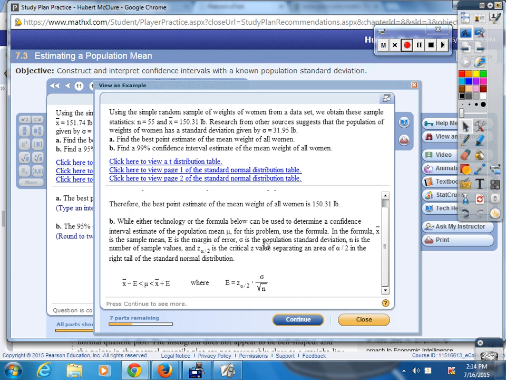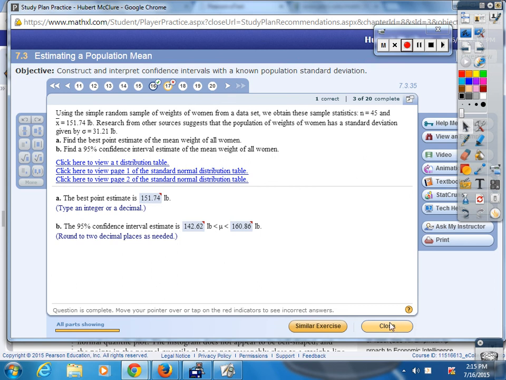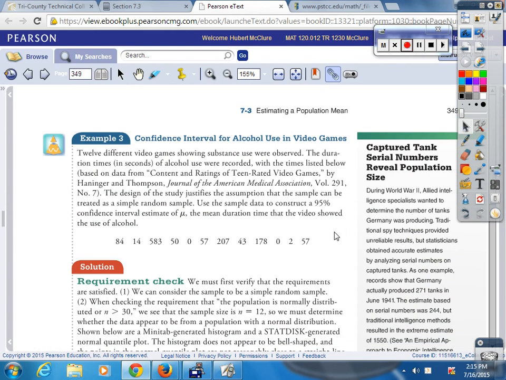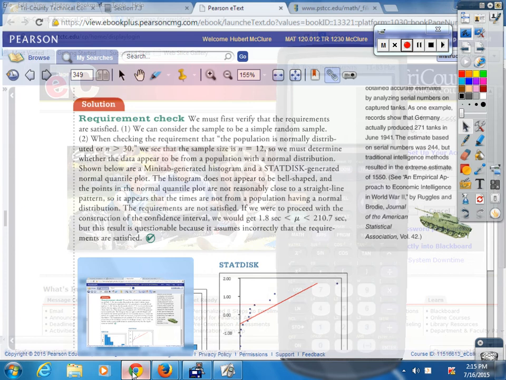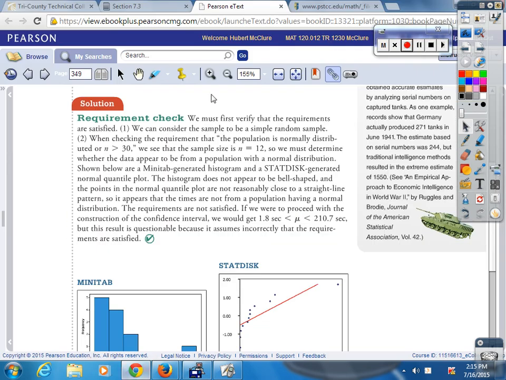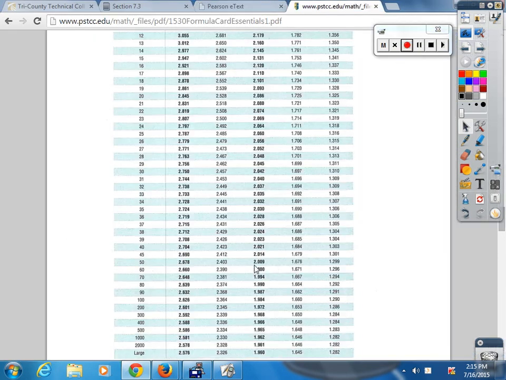There's got to be a reason. All right, I'll have to figure it out. I'm going to try to stay away from these because the ones we were doing were T. Let me find the z-table. Why would they do it if they don't even offer you the z-table? I know, I don't understand.